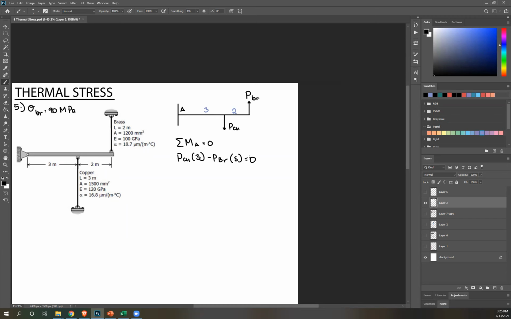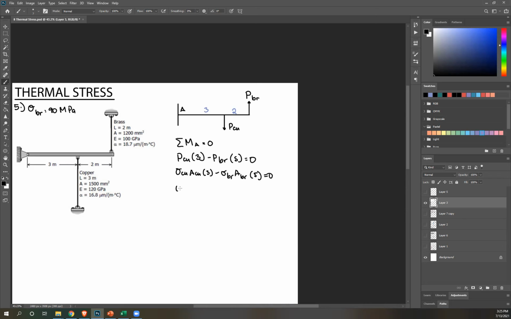And then remember, another equation for P is stress times area. So stress CU times area CU times 3 minus stress BR times area BR times 5 equals 0.